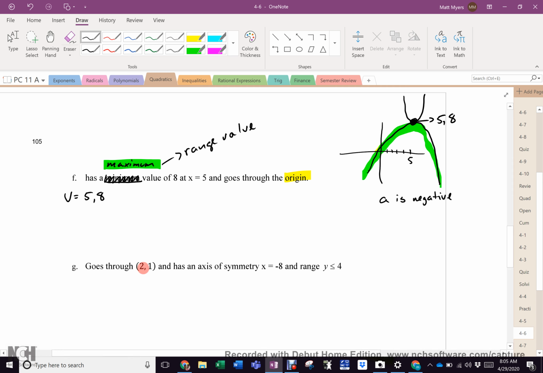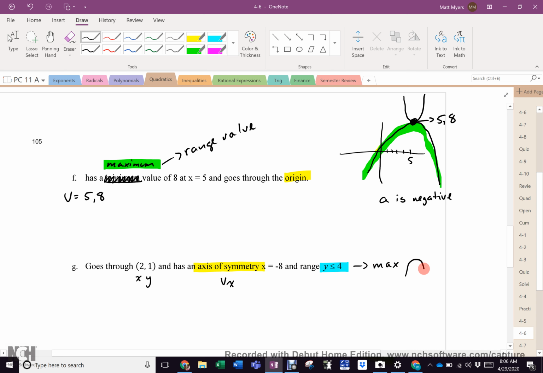This one. So I have that. Write out what you know. I know there's an x, there's a y. Has an axis of symmetry. An axis of symmetry. That is the vertex x value. And a range of y is less than 4. Which means, since it's less than 4, that is a maximum value.